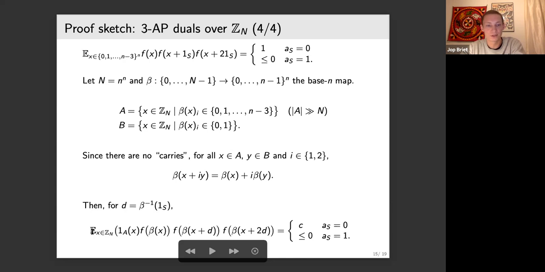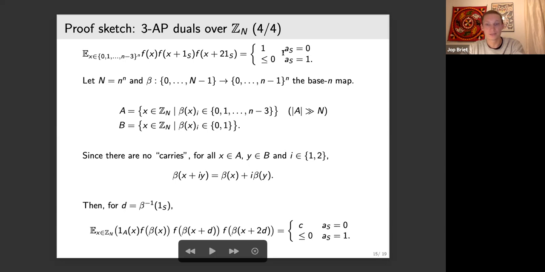And so for that reason, these expectations are not exactly plus or minus one valued, but if the A-th coefficient is 0, then you get some constant. This constant is exactly the density of the set A, and otherwise you get something that's non-positive.